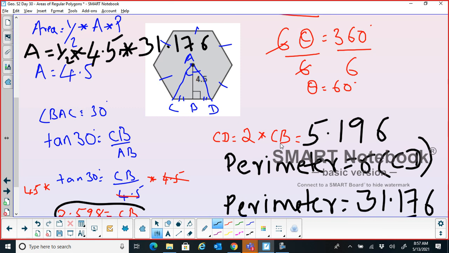Just compute this using a calculator, which will give us 70.146 square units. So this will be our area, 70.146, and in case you want to say the units are square units.